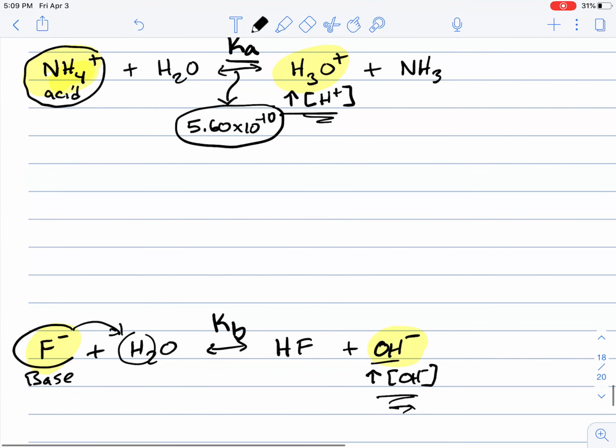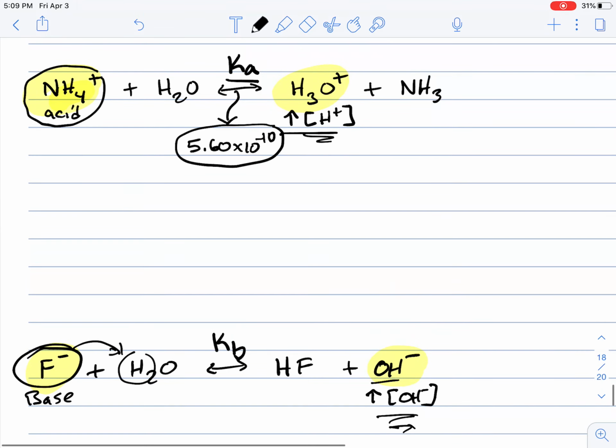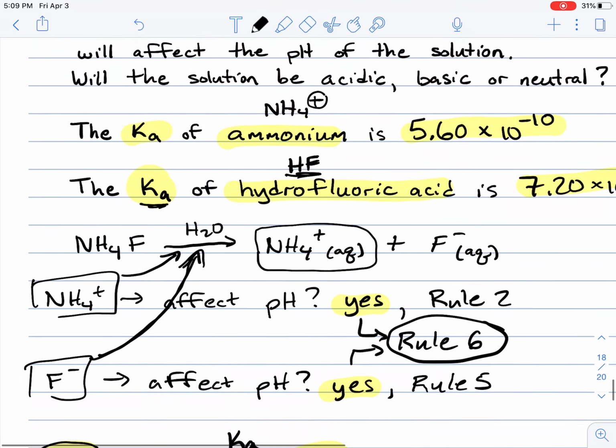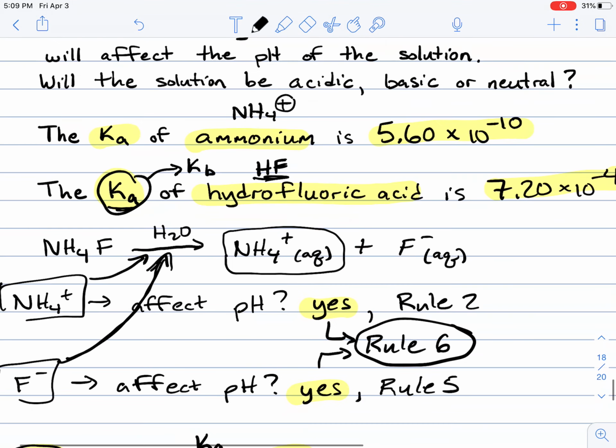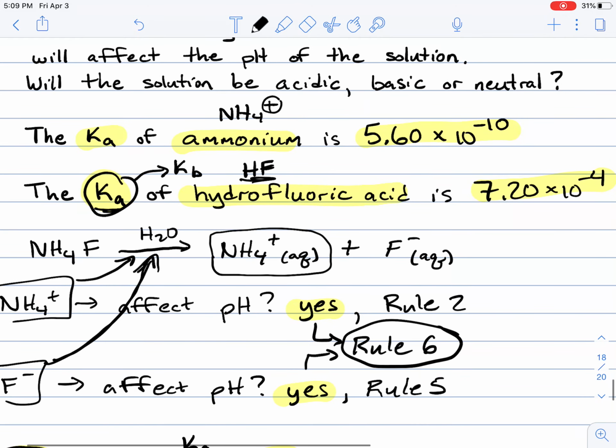We have F minus. And so before we can plug in a value for Kb, what we actually have to do is convert Ka into Kb to represent its equilibrium, its ionization constant for fluoride, or F minus.